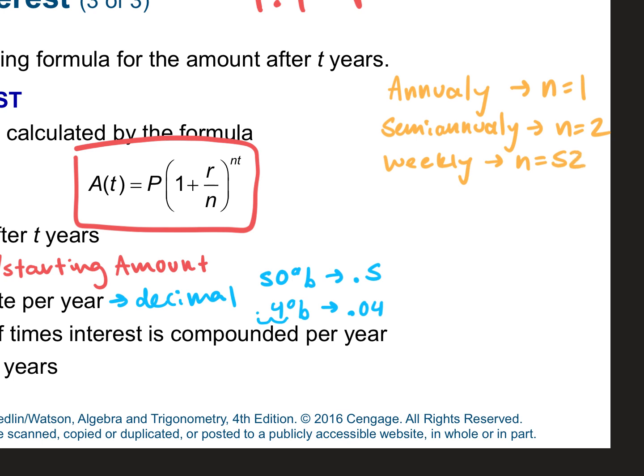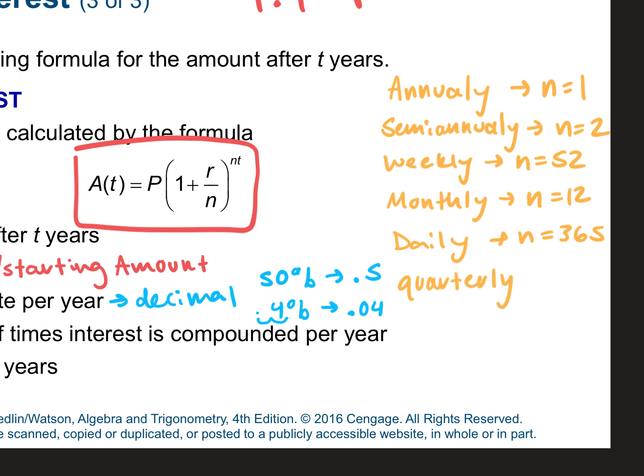We have 52 weeks in a year. Could have monthly. N would be 12. We could have daily. 365. These I think are the most common ones. Oh, we could have quarterly. 4. Quarterly would be once every quarter, which would be 4. Continuously is a different formula, which will be 4.2.